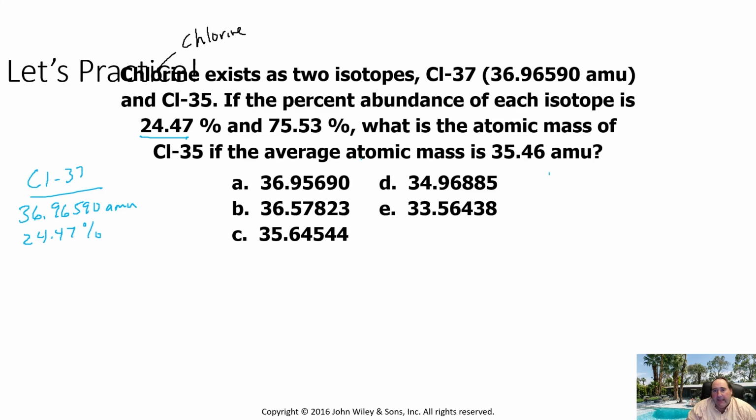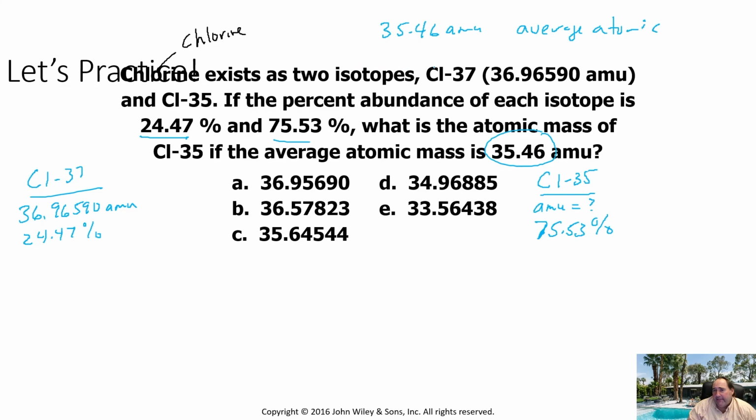Chlorine 35 has an AMU of what we're looking for, but has a relative abundance of 75.53%. We also use their number of 35.46 AMU as the average atomic mass.